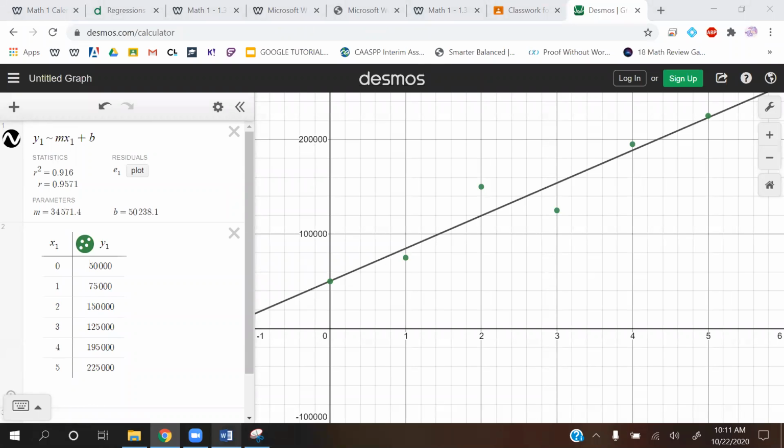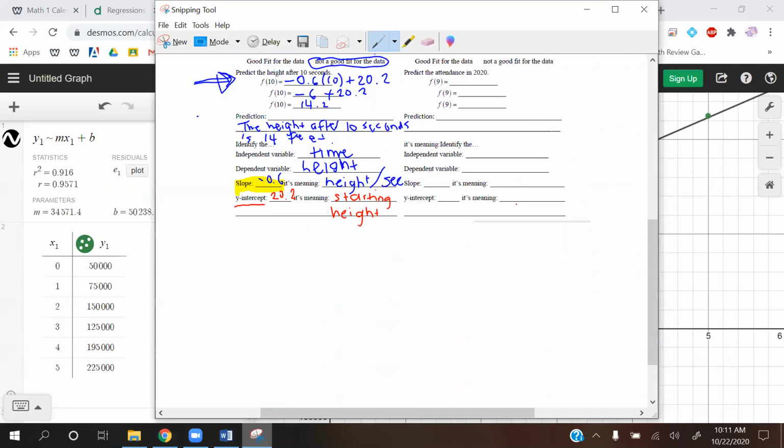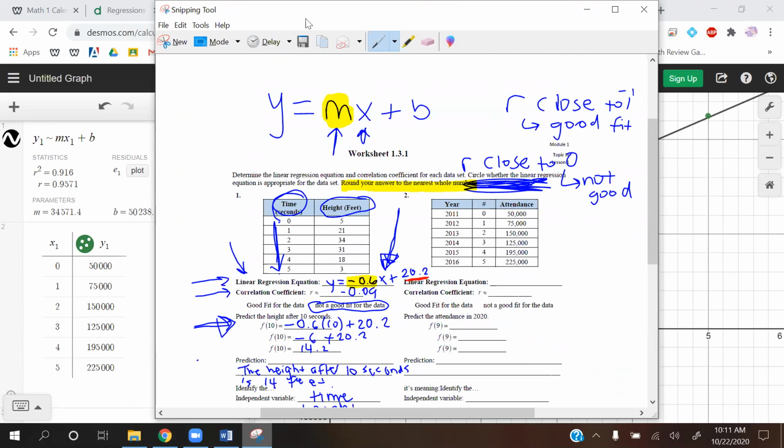So let's go back to the worksheet, and we're going to write out our linear regression equation. Remember, your linear regression equation follows the y equals mx plus b format, okay? So we're going to write it out. Y equals, okay, and what is our m value?